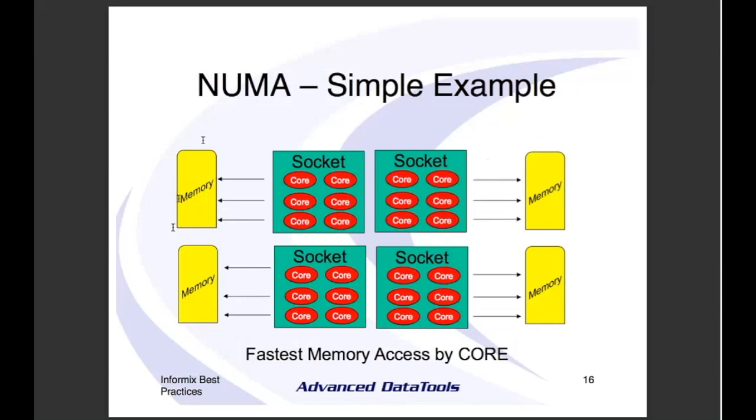There are banks of memory, and the memory is going to be tied, this is just the way chip architecture works, to a chip. So if you're here on the top left core and you need some memory, this memory right here is going to be the fastest to access. If you need to get some memory from way over here down the right, that's going to be a little bit slower. And so what you want is your application using this first core in the top left to always get memory from the top left.